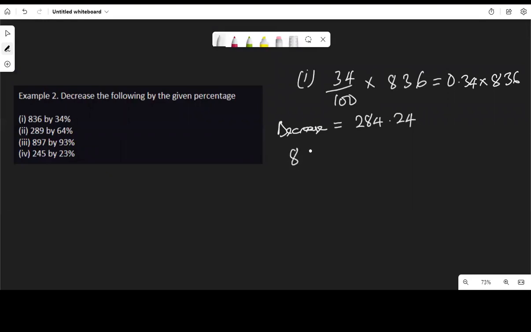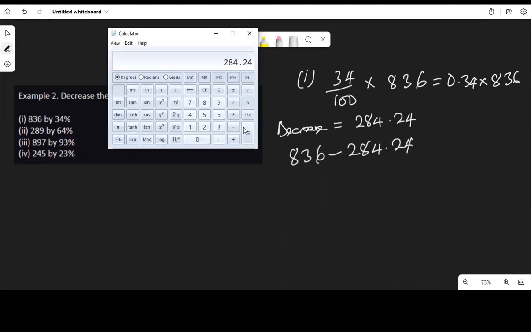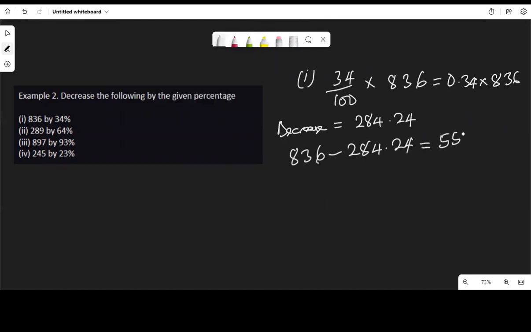That means we will subtract this from the original quantity. 836 minus 284.24. That is 551.76. That is for question 1.